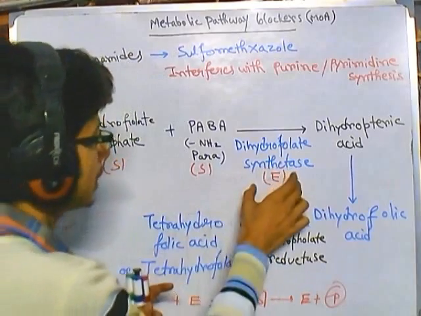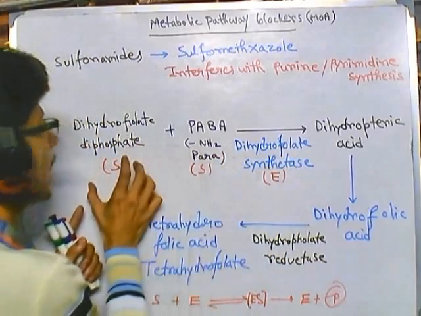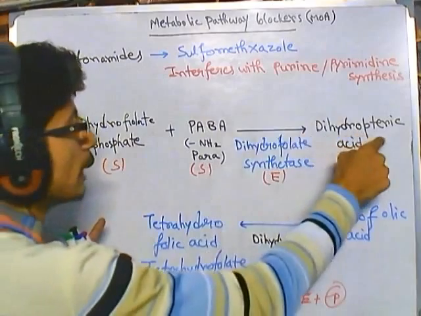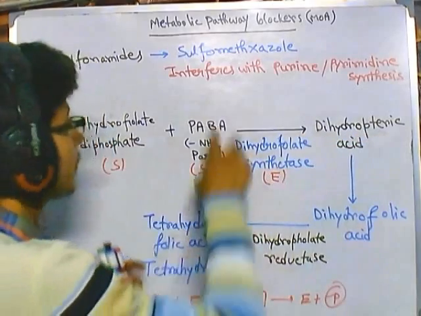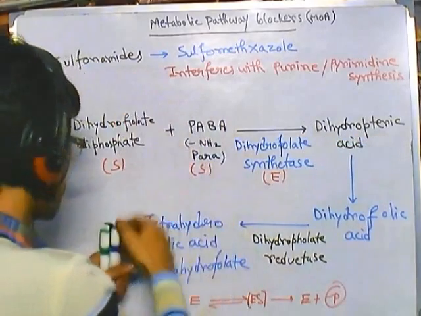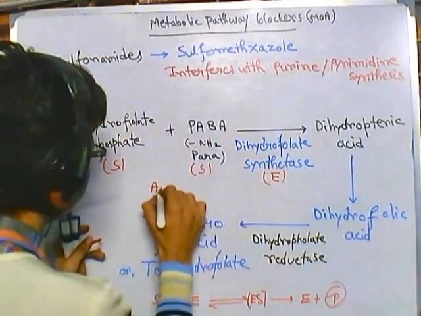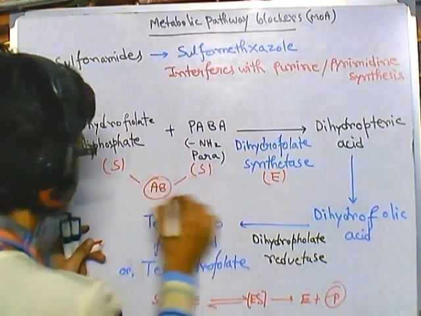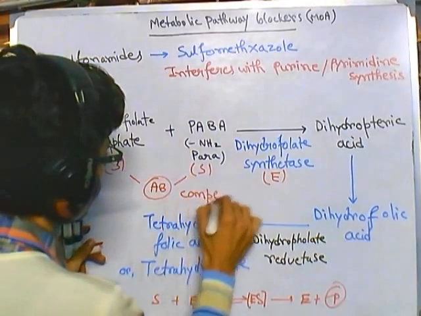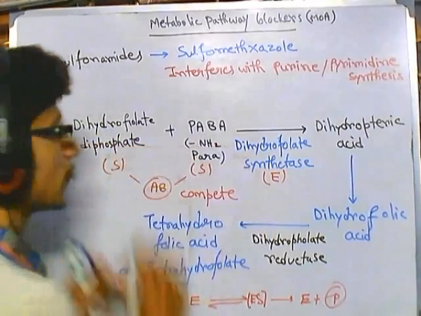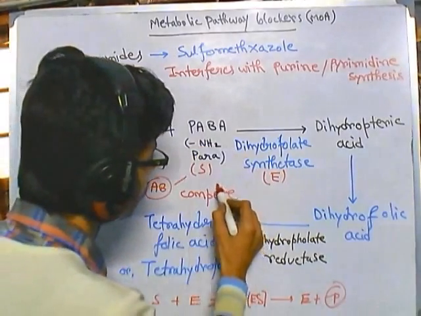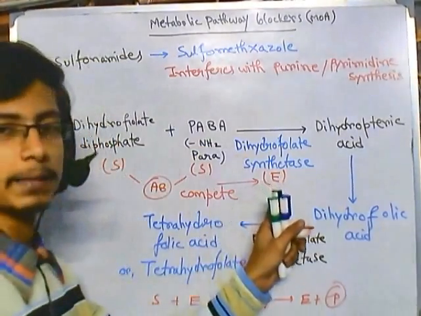That means usually this enzyme must bind with PABA and dihydropteroate diphosphate to convert them into dihydropteroic acid, but instead these sulfonamide antibiotics, so if I write AB here for sulfonamide antibiotics, will compete with these two substrates, PABA and dihydropteroate diphosphate, to bind with this enzyme, right?